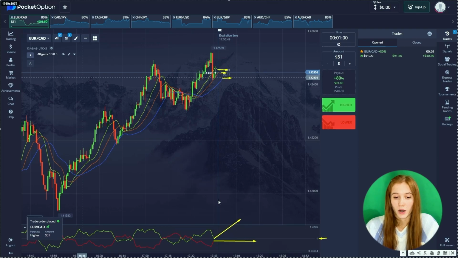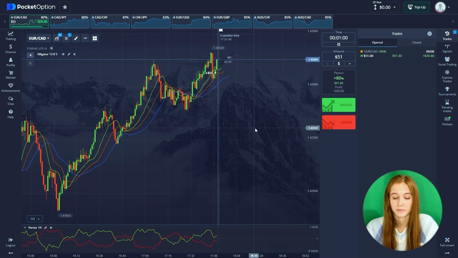Next we look at our indicator Vortex. Yeah, and the resistance level, we reached it. 6 seconds left until the end of the deal.